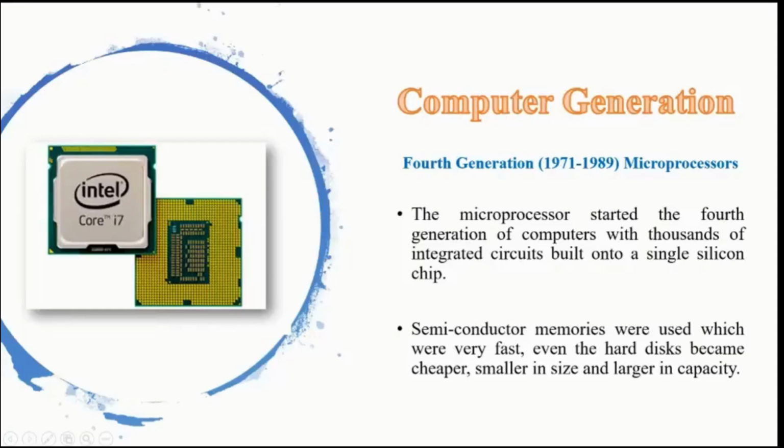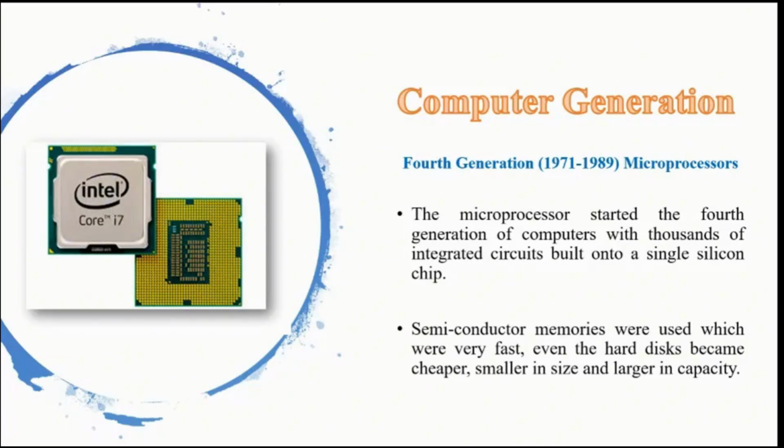Okay, in the fourth generation, Intel, especially Intel and then AMD, started to produce microprocessors. Now, in the microprocessors, thousands of ICs are compacted together to make the microprocessor.